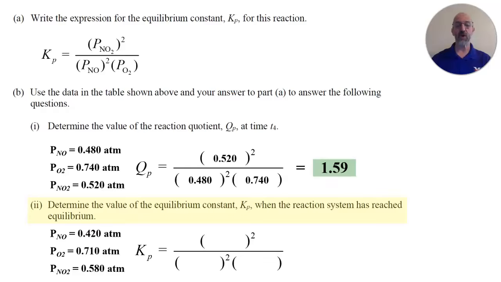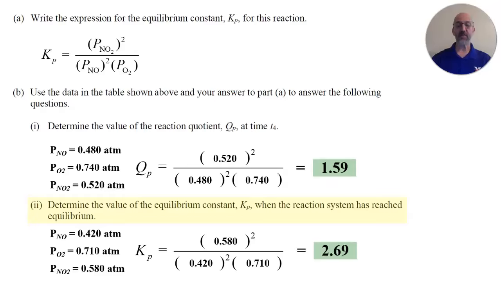So a very similar set of calculations, except that we have a different set of numerical values. Partial pressure of NO2, 0.580, partial pressure of NO, 0.420, partial pressure of O2, 0.710. Now, when I pick up my calculator, it's going to be 0.58 squared divided by 0.42 squared divided by 0.71.